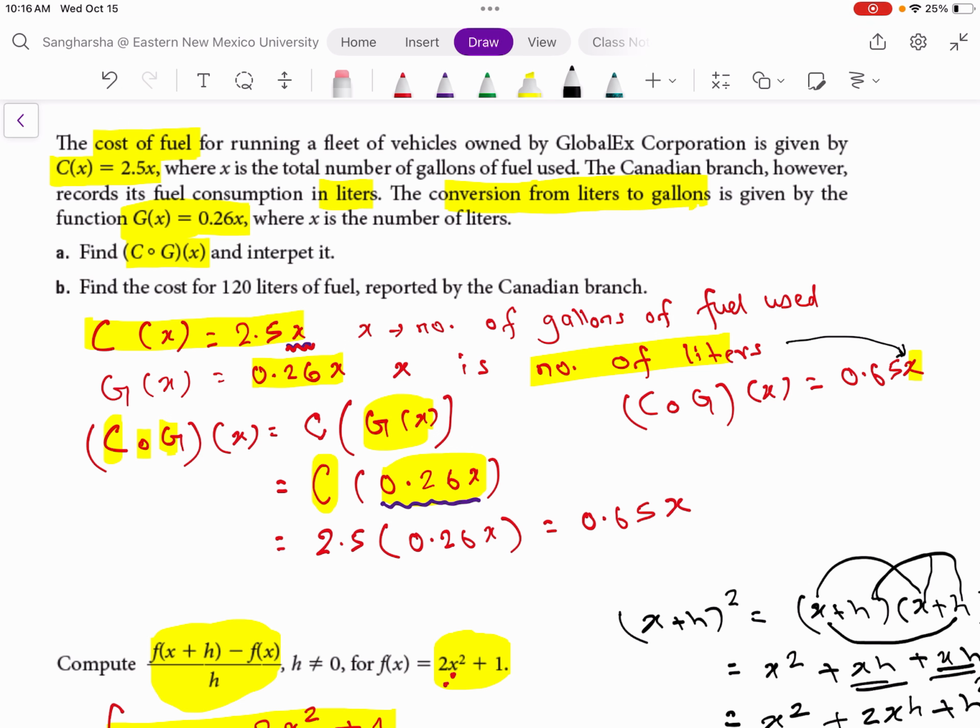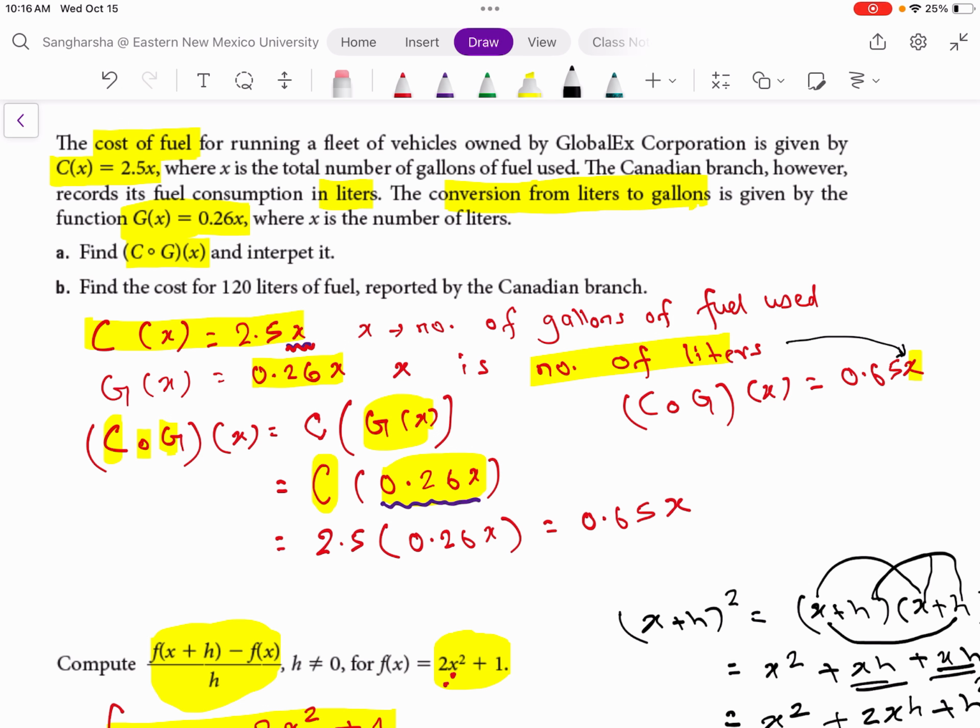Now, if we want to convert 10 liters of fuel into gallons, which function do we use here? We have two functions. So which function helps us to convert liters into gallons?